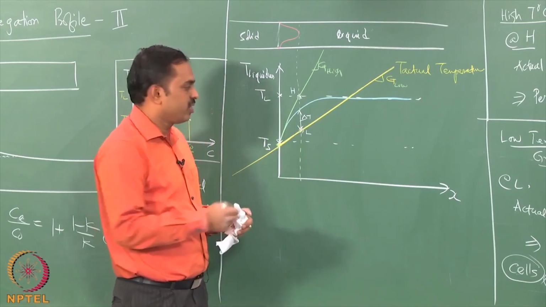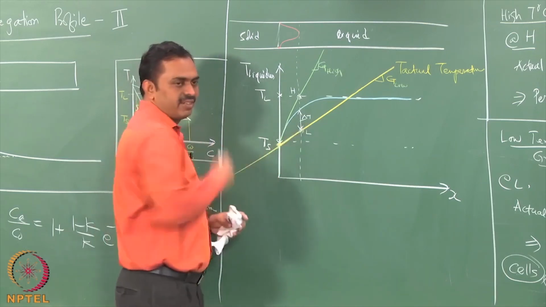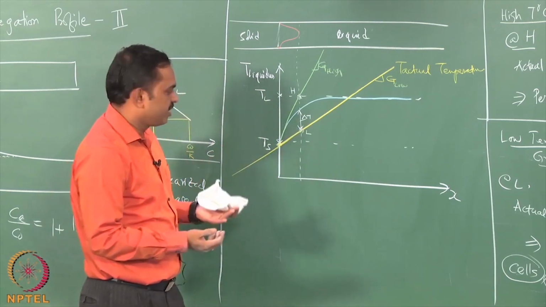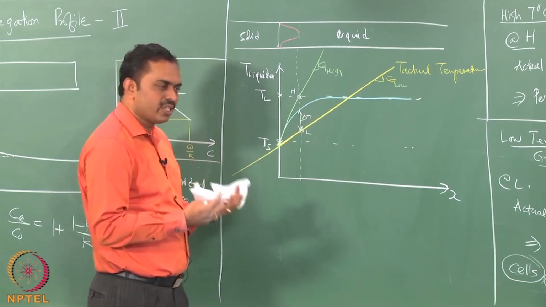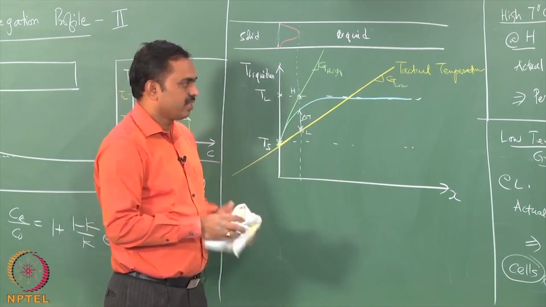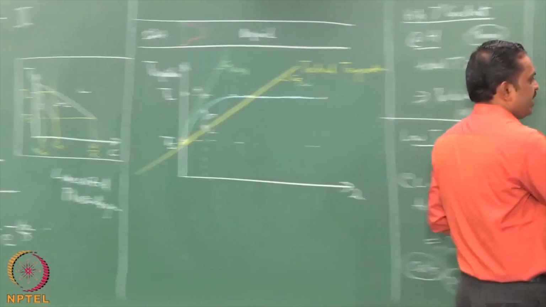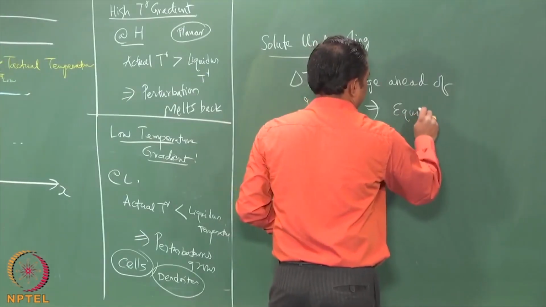So, you may have a situation where nucleation can take place ahead of the interface, which means it is not necessary that only the grains of the fusion zone grow in, you can have nucleation of fresh grains ahead of the interface, and that means you could have an equiaxed microstructure.